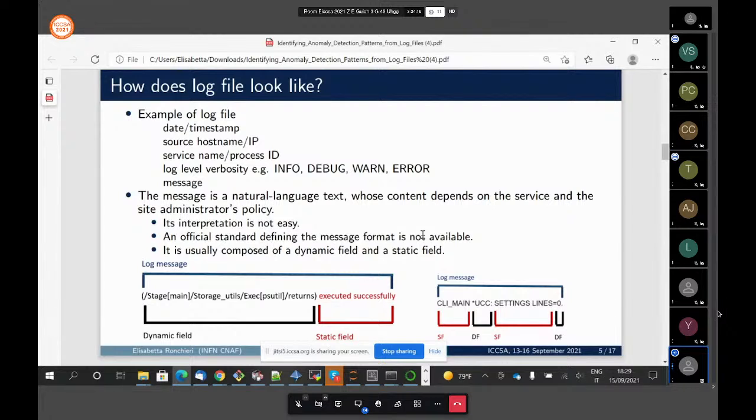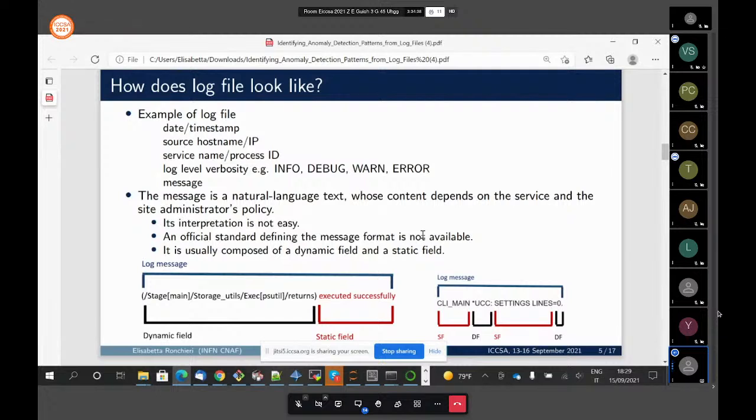Unfortunately, there isn't an official standard that can be adopted to produce this kind of log. So this is another problem when we need to parse the information content in these messages.